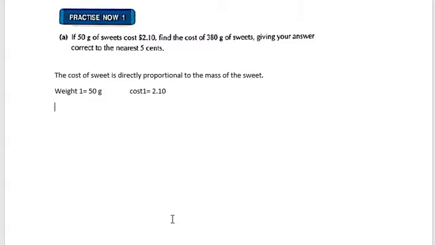Now find the second cost, of 380 grams of sweets. So I consider weight 2 equals 380 grams, and you have to find cost 2.